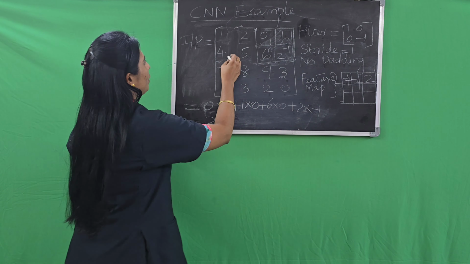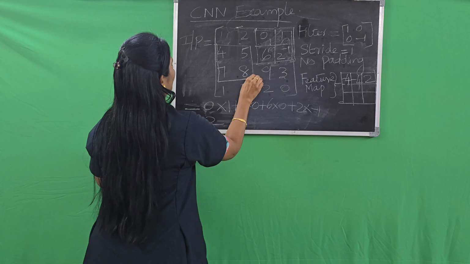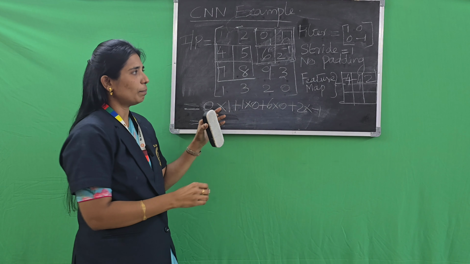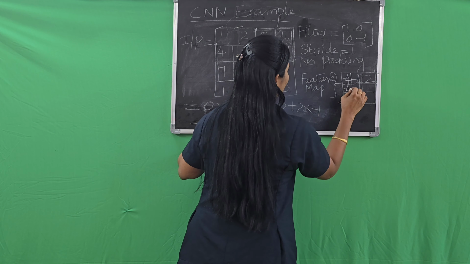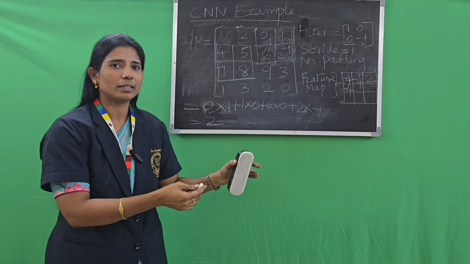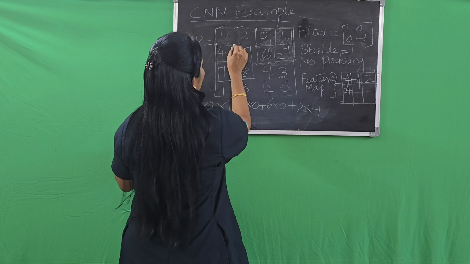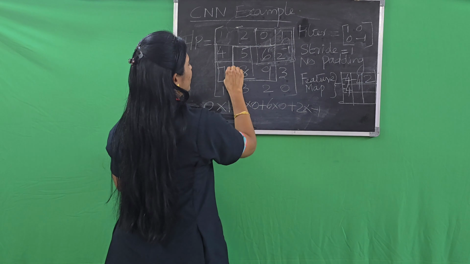So we can place the filter here and do the dot product. Then the result minus 4 will be stored here. Then we can shift the kernel to the right by 1 pixel position so that we can place the filter here.